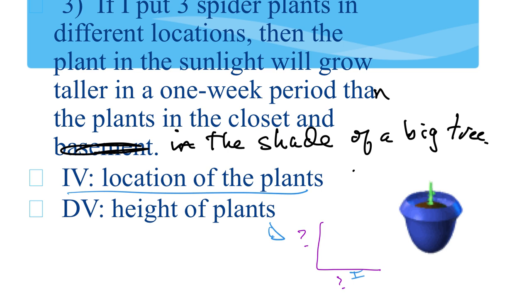So I put that on my y-axis. So obviously, I'm not doing amount of time, I'm just doing location. Obviously, the sunlight one will grow the fastest, and I would use a bar graph because I have categories. Okay.